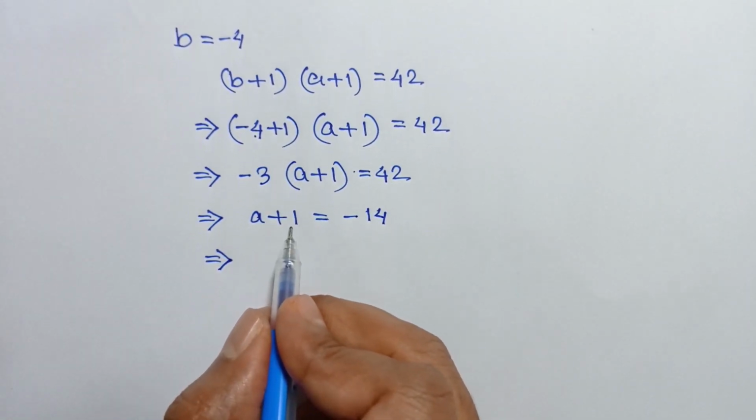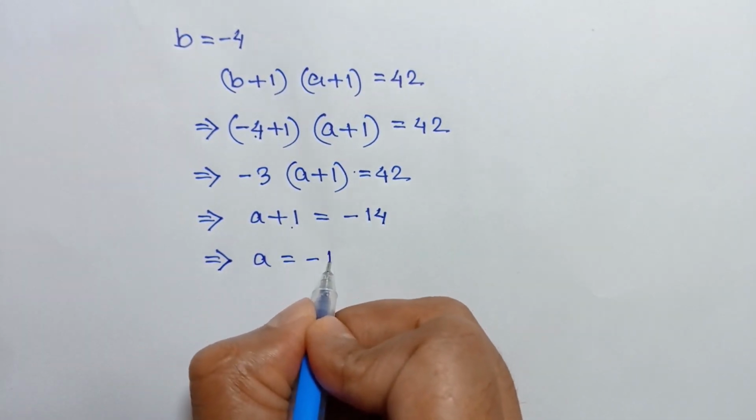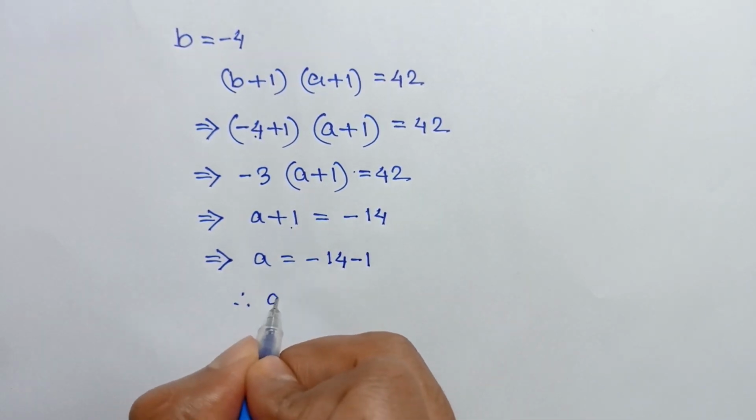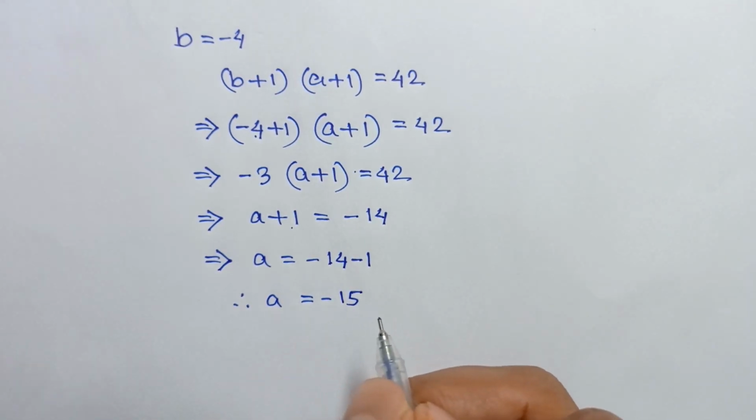Taking this 1 to the right side, we will have a = -14 - 1. So the value of a = -15.